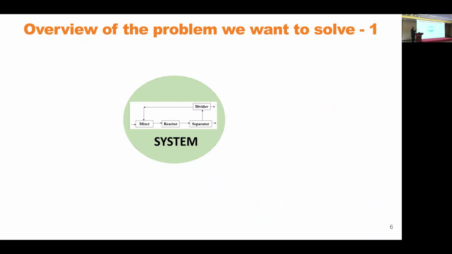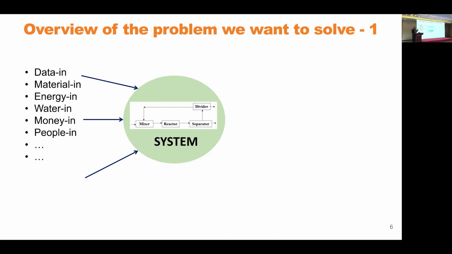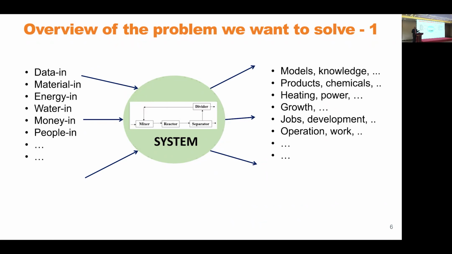And now, based on this, let's take the system, because we are trying to solve problems of the system, whatever that system is. And we have all kinds of information coming into the system. And here I put not just data, we have material, energy, water, money, people, whatever you can think of. Based on all these things that are coming in, and we want to improve the system in different ways, we can get all kinds of output.